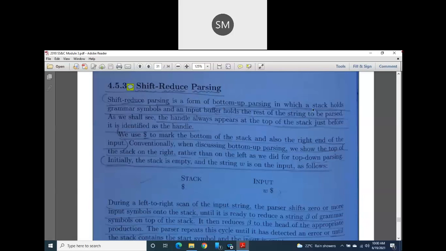Why are you using a stack? Because I should keep on pushing, or shifting, my input characters one by one onto the stack. Once a single character matches any of my productions, I reduce it. Or else you keep on shifting the next character.